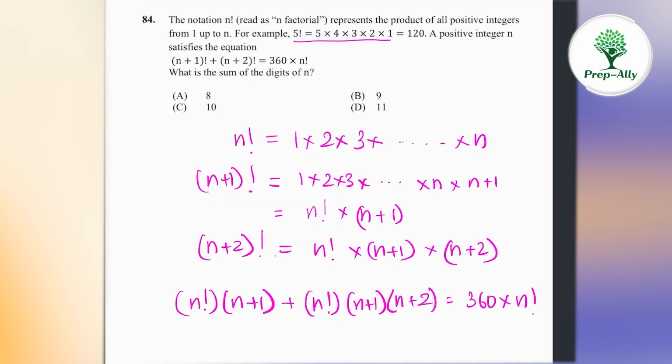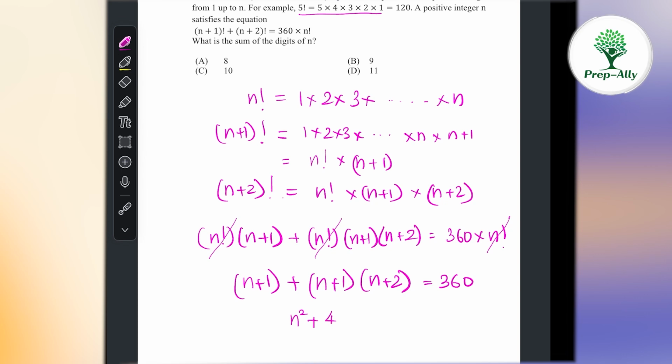So we can cancel the n factorials out, and we have n plus 1 plus n plus 1 times n plus 2 equals 360, and this is n square plus 4n plus 3 equals 360, so n squared plus 4n minus 357 equals 0.